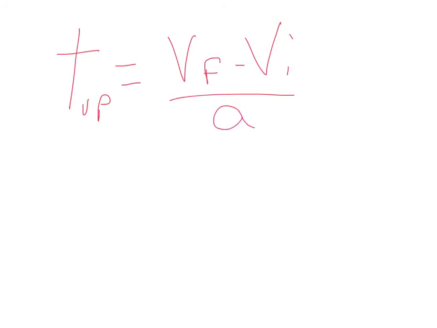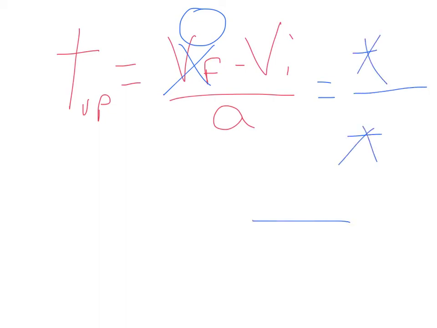Here the A is the acceleration. Notice here though that your final velocity, because we're talking about the peak, is going to be 0. And so your top number is going to be negative, your bottom number is going to be negative, canceling out, giving you a positive time, which is good. If you end up with a negative time, you've done something wrong.